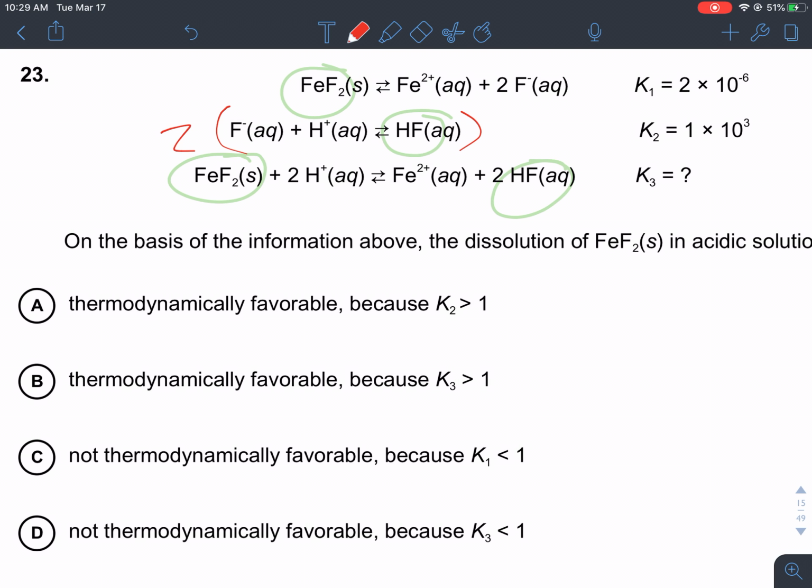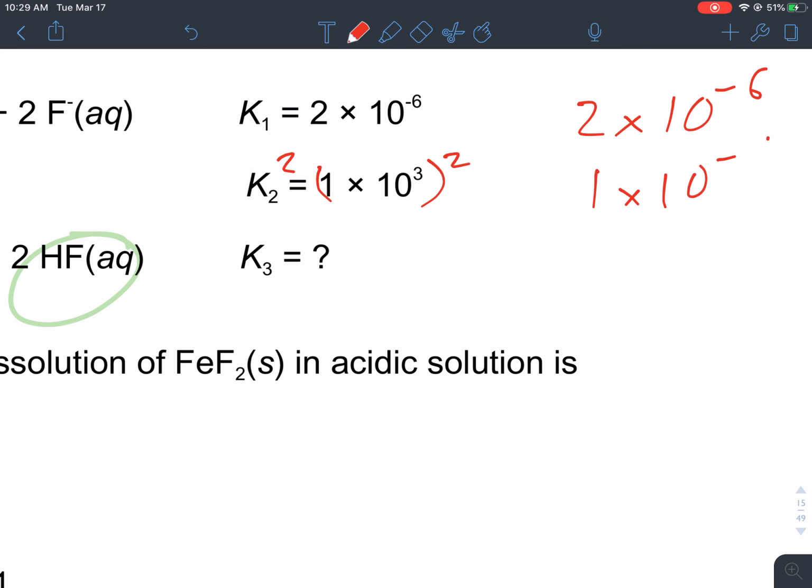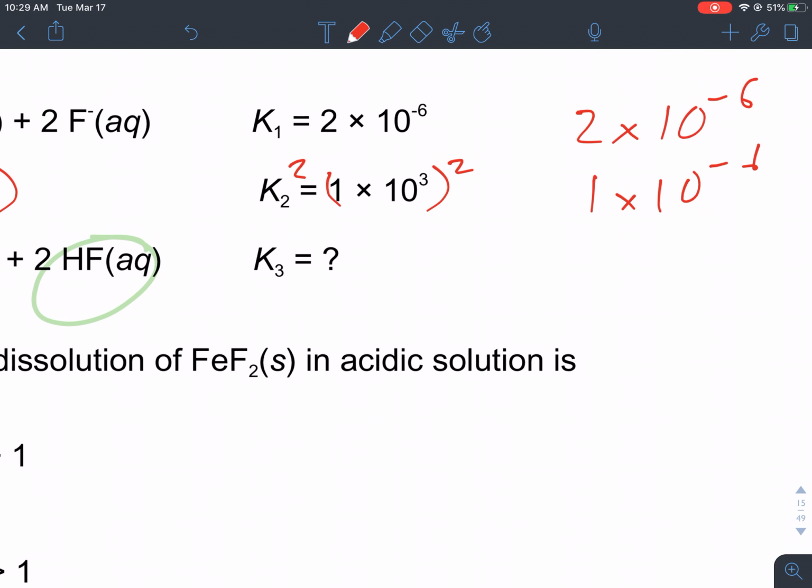Oh shoot, this is a neat question. If you remember what happens in your K values when you multiply the reaction by 2, it becomes K squared. So this is 2 times 10 to the negative 6. This is actually really interesting. This becomes 1 times 10 to the negative 6. Or sorry, 1 times 10 to the positive 6, right?